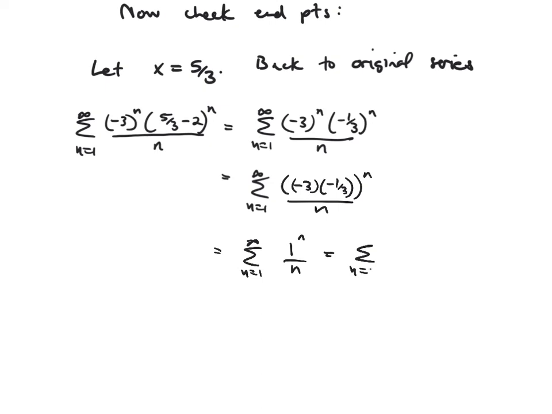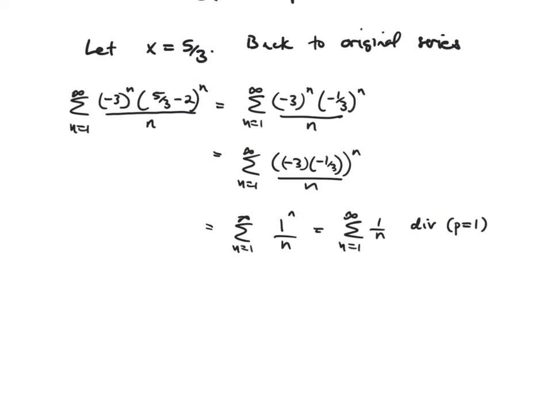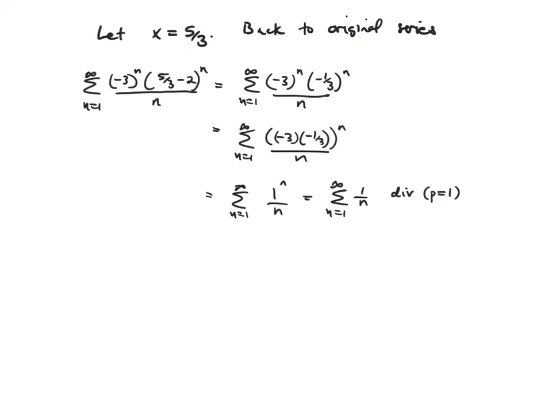So this all boils down to the series 1 over n. And immediately I know it diverges because it's a p series with p equals 1. So I need not do anything else. I've already figured out that the 5 over 3 value leads to a series that diverges.